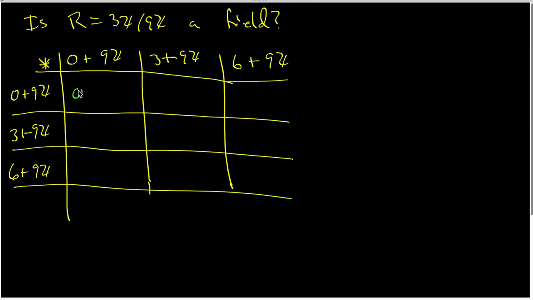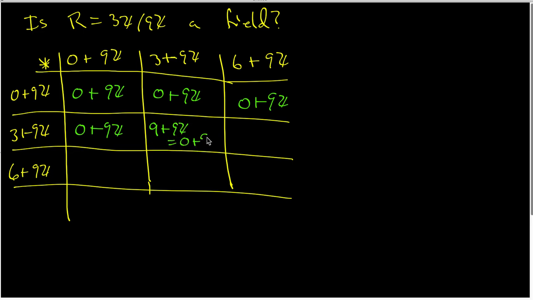So we have 0 times 0 plus 9z. We have 0 times 3 plus 9z. We have 0 times 6 plus 9z. We have 3 times 0 plus 9z. We have 3 times 3, that's 9 plus 9z. But 9 plus 9z is the same thing as 0 plus 9z, because 9 is congruent to 0 mod 9.